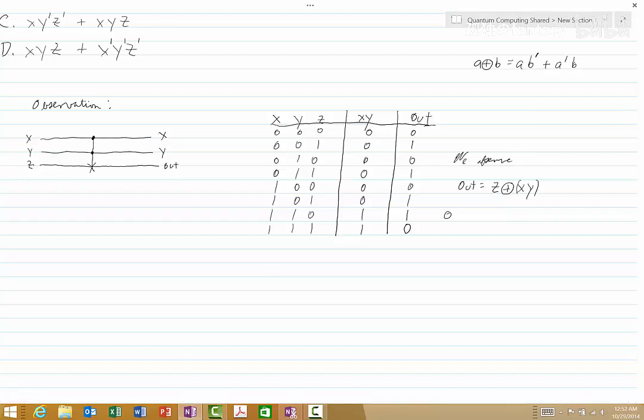But we just observed that out has that same relationship to z and the product of x and y. So this means that out is equal to z ANDed with xy prime, ORed with z prime ANDed with xy.